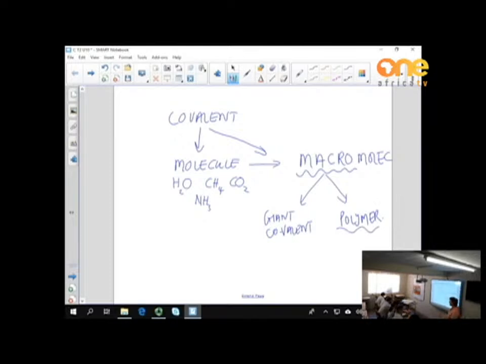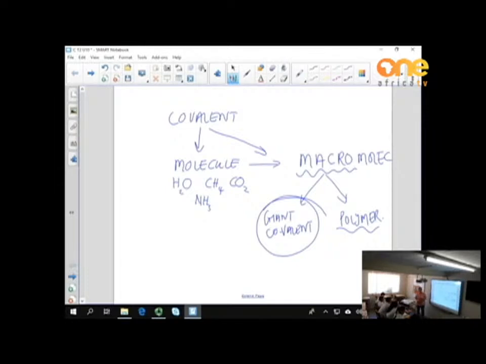When we do organic chemistry, we will have a look at the polymers. Maybe when we do a little bit on the chapter on materials, they will refer to the polymers. This Unit 10 has got to do with these giant covalent structures. The examples that we are going to have a look at are diamonds, graphite, and silicon dioxide.